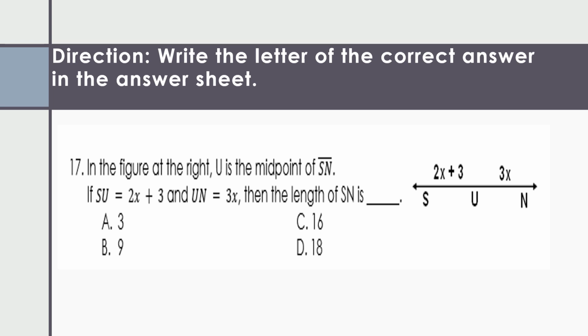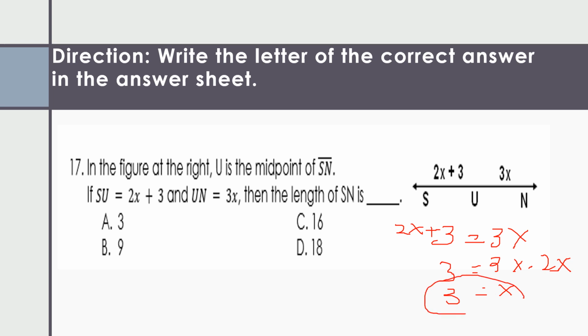Next, in the figure at the right, U is a midpoint of SN. If SU is 2x plus 3 and UN is 3x, what is the length of SN? So we have 2x plus 3 equals 3x. So 3x minus 2x is x, and x equals 3.